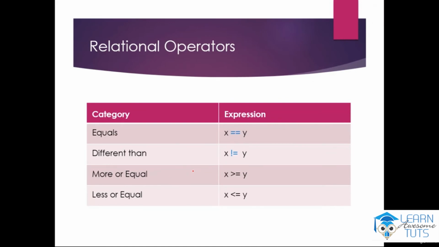Consider, in relational operators, a situation where we create two variables and assign them some values. With these relational operators, we could check if the value of the variable x equals the value of the variable y, or if the value of the variable x is different than the value of the variable y, if the value of the variable x is more or equal, and finally if the value of the variable x is less or equal.